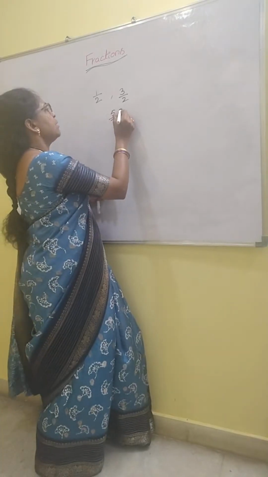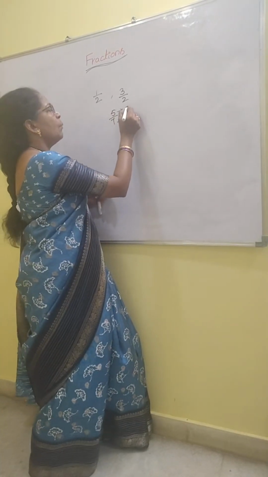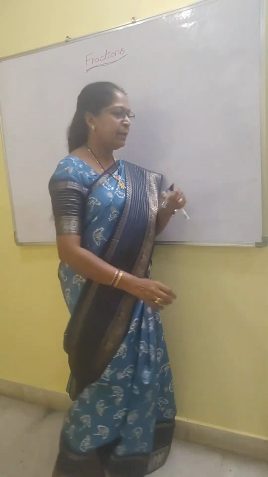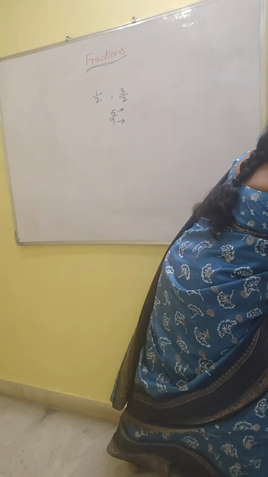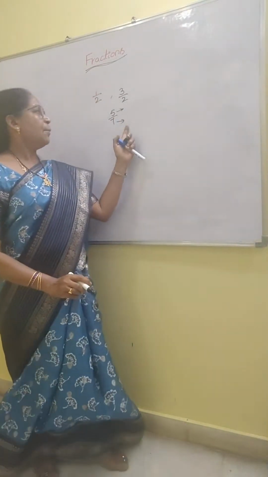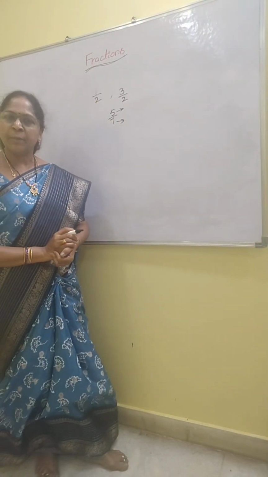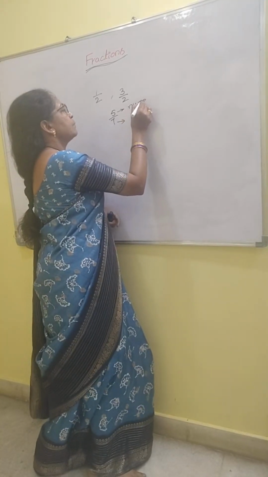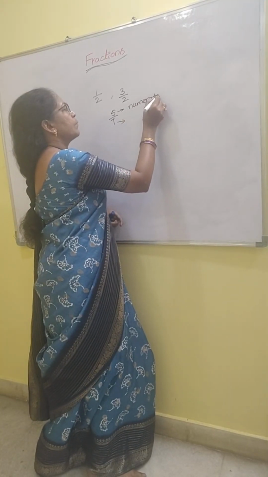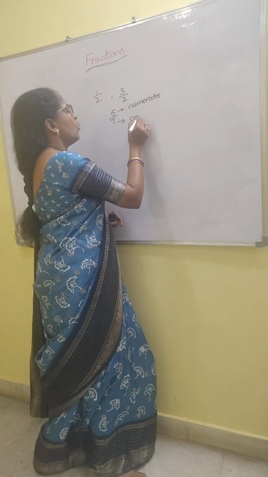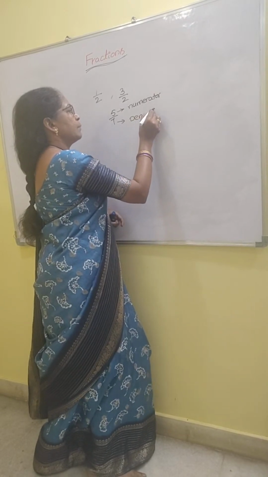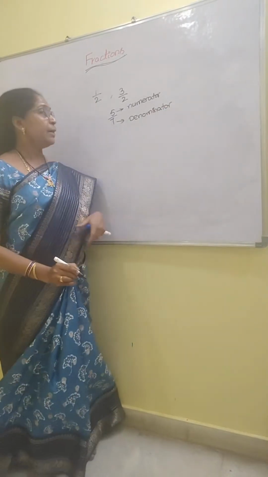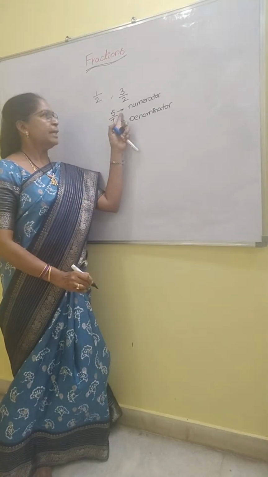In this, the top one and the bottom one. The top one we call the numerator, and the bottom one we call the denominator. This one is the numerator and this one is the denominator.